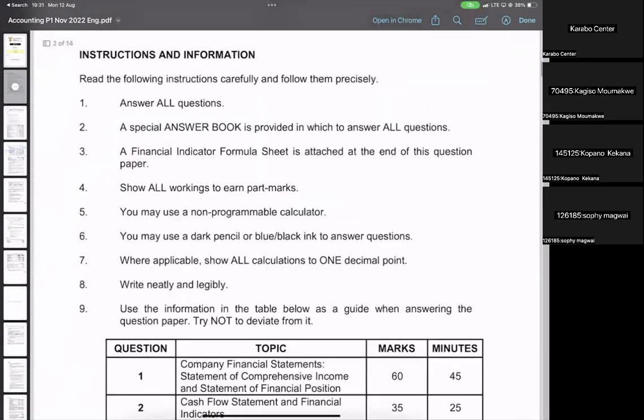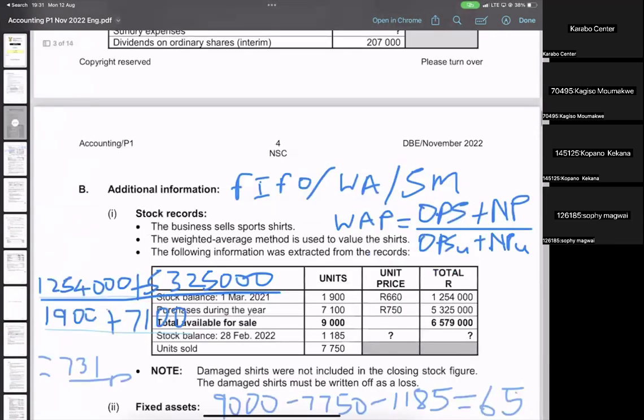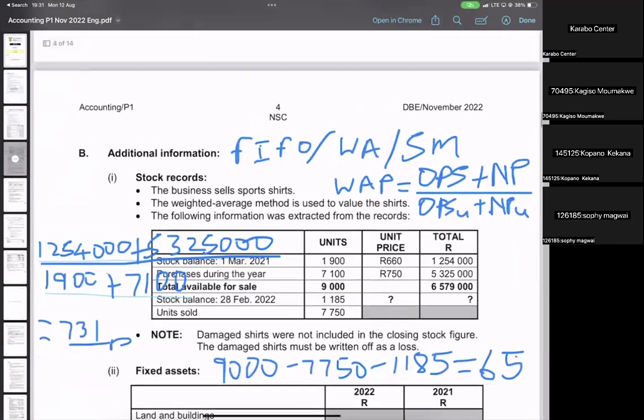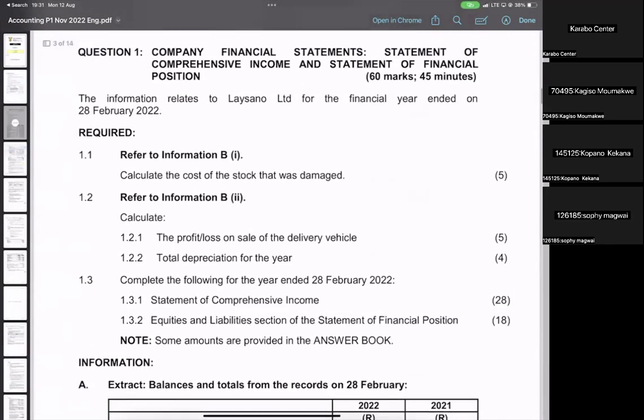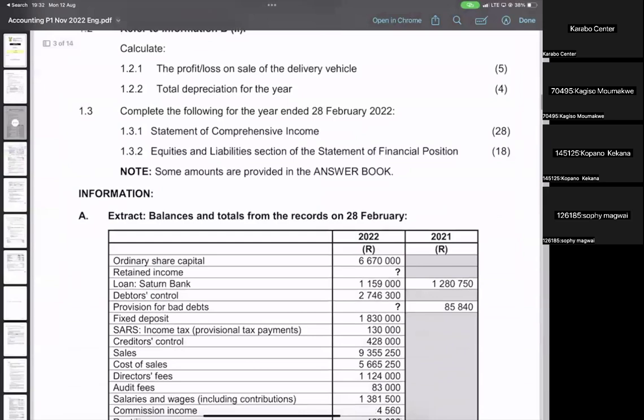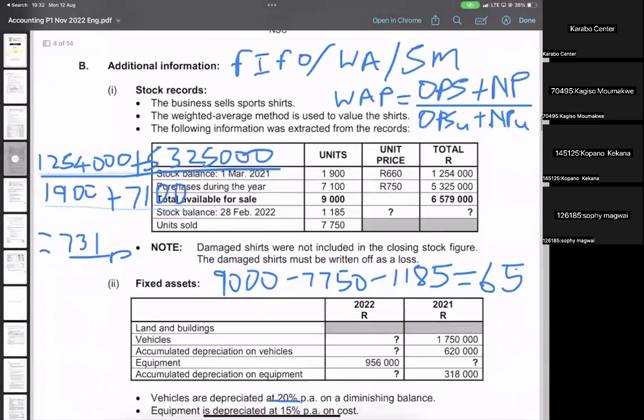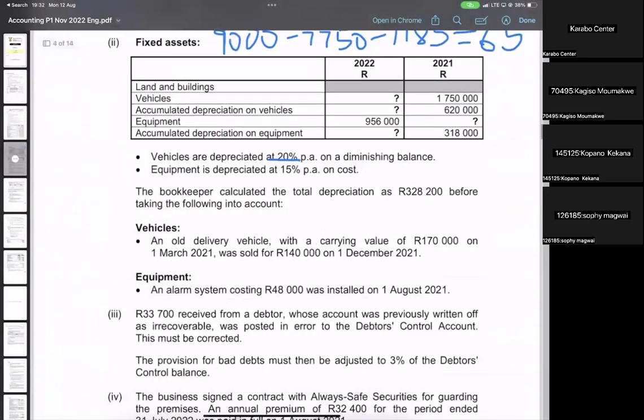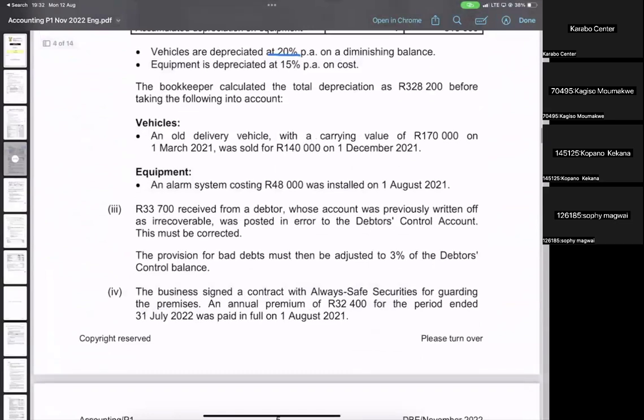For example, we already calculated the loss on stock damaged, the loss on sale of assets, and the depreciation. So let's do the transactions one by one.